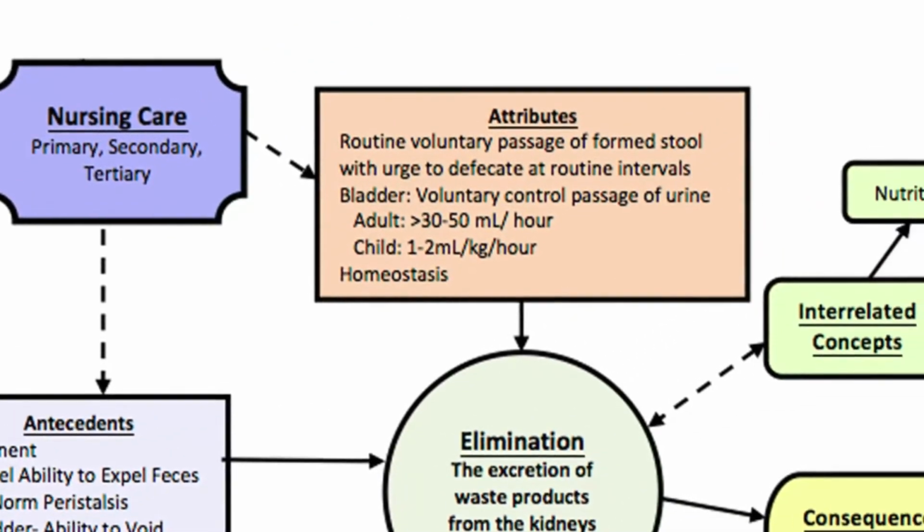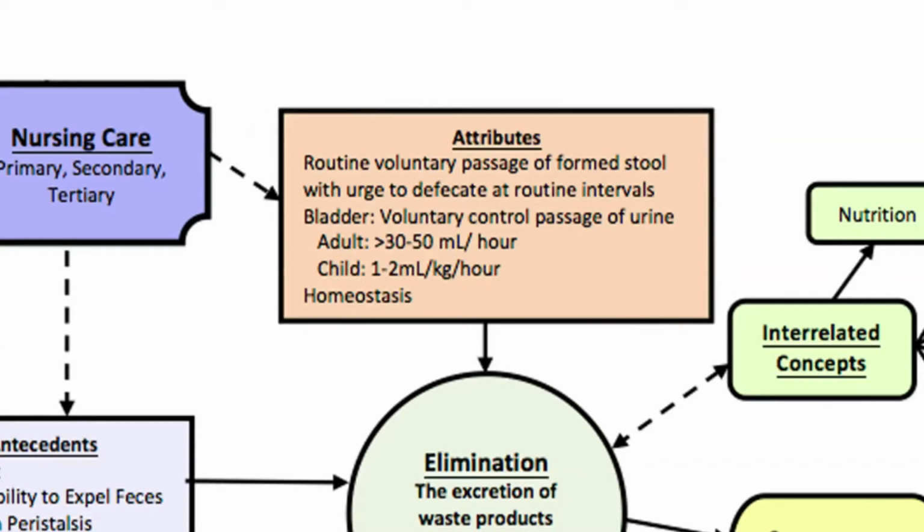If elimination is occurring optimally, then we would expect to be able to measure certain attributes. And these would be, in this case of elimination, routine voluntary passage of formed stool with urge to defecate at routine intervals, and voluntary control of the bladder and passage of urine. The adult should void 30 to 50 milliliters per hour, and the child 1 to 2 milliliters per kilogram per hour, and there should be homeostasis.